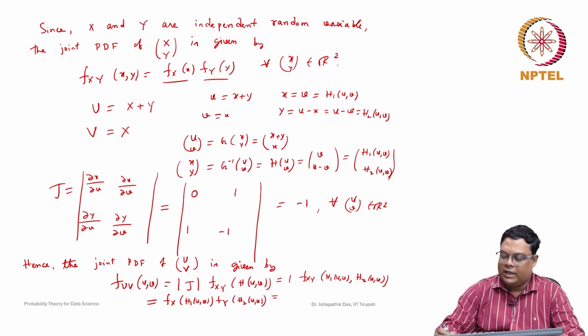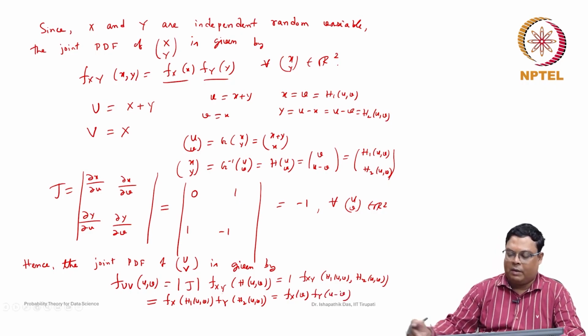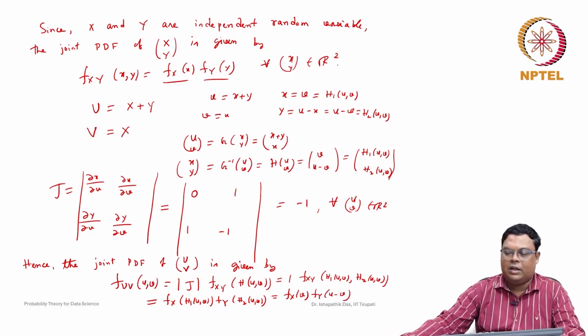So now what is fx of h1 of (u, v)? h1 of (u, v) is v, so this is fx of v, and h2 of (u, v) is u minus v, so then fy of u minus v. So this is the joint probability density function.